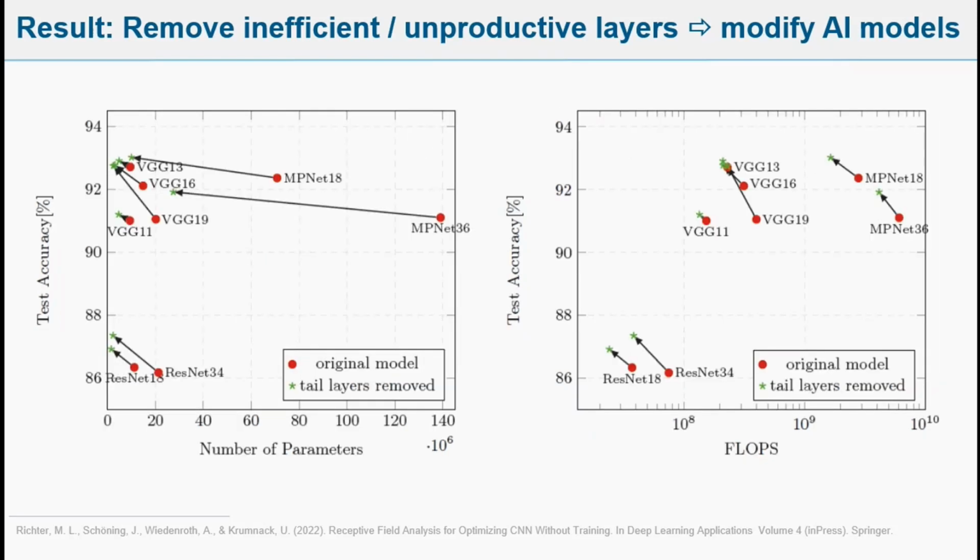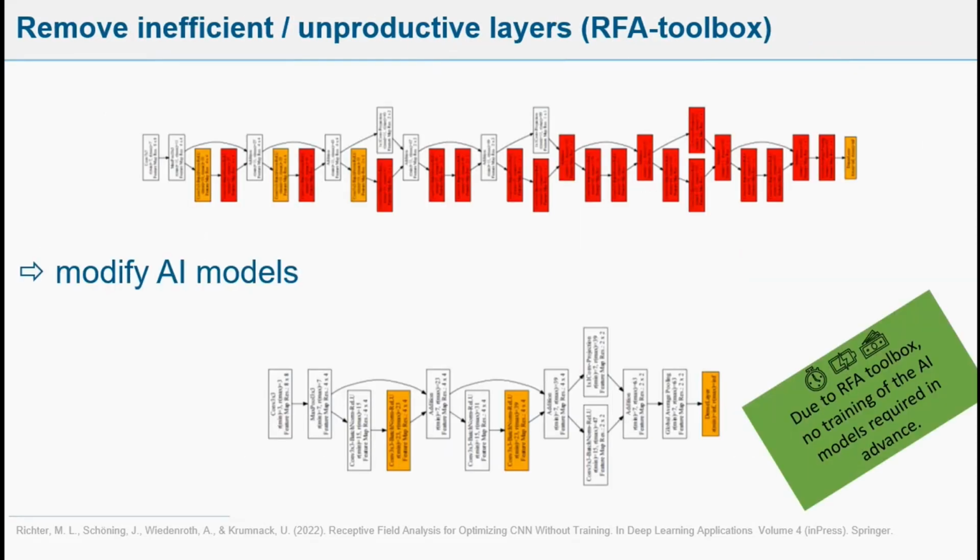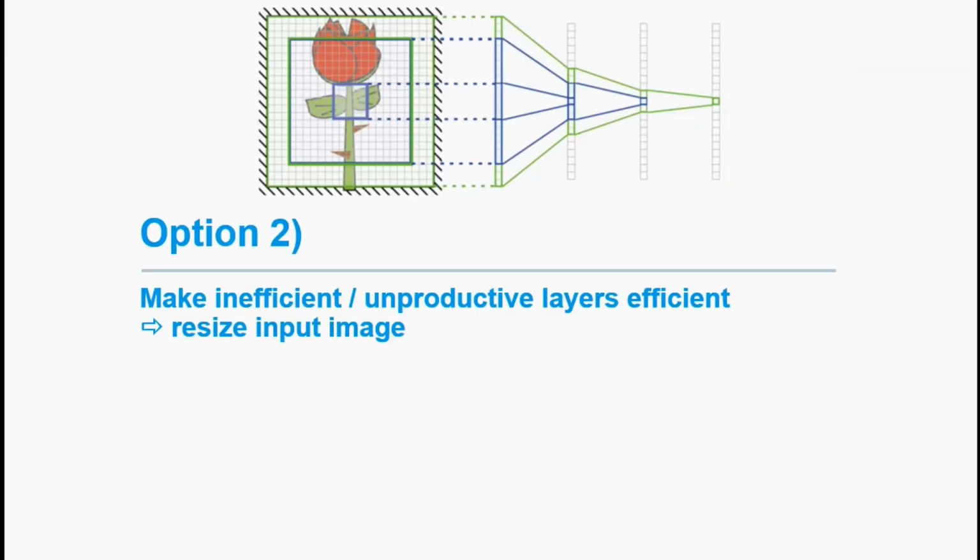And this can also be seen for other networks. So we did this with a lot of networks, and this is the first option. By a good visualization, the developer can easily see which layers are unproductive and then find the optimal network for this optimization. So HMI for selecting a neural network is quite important in our opinion.